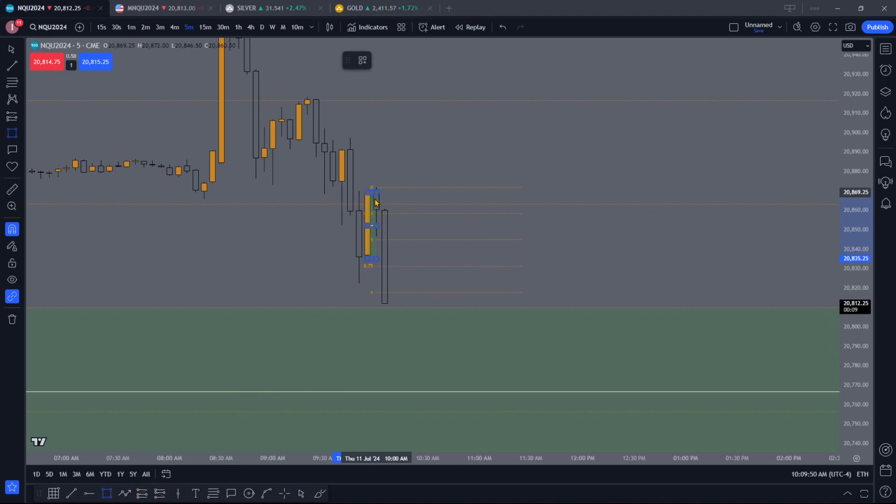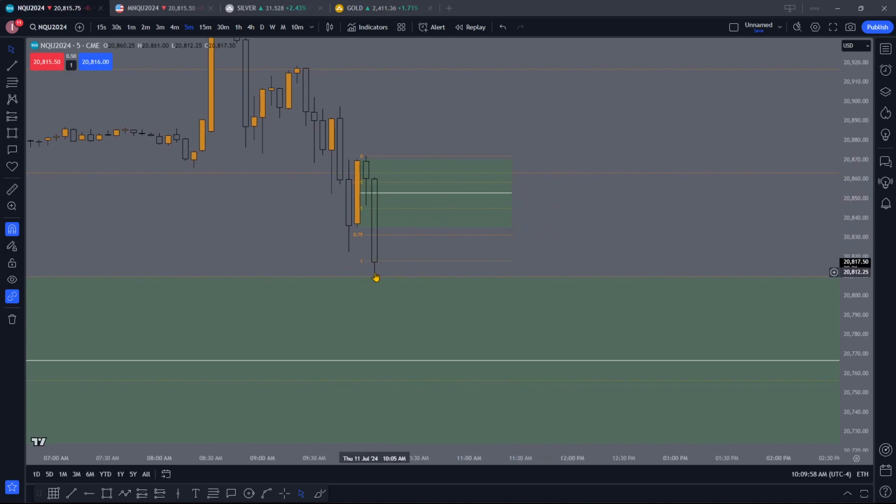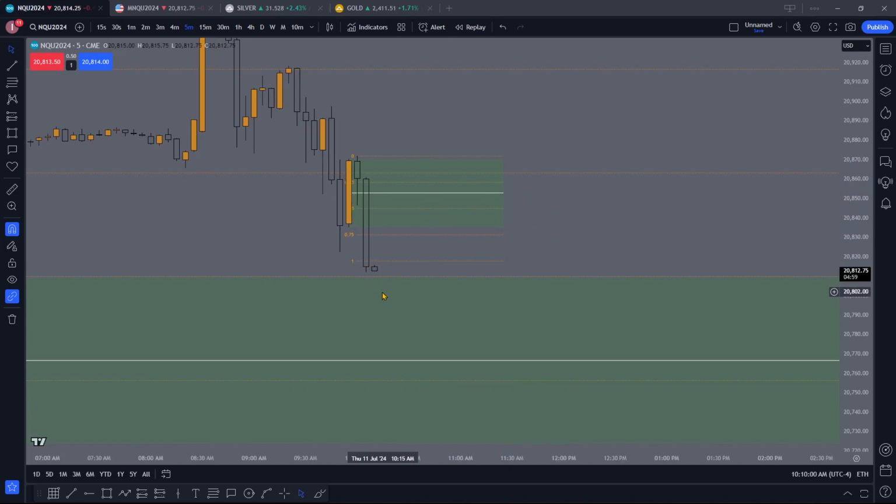And let's draw out this mitigation block here. But as you can see, you see how we're falling very short of it. That honestly tells me that if we were to retrace higher, we are more than definitely going to return to it later. So let me just redraw equilibrium.